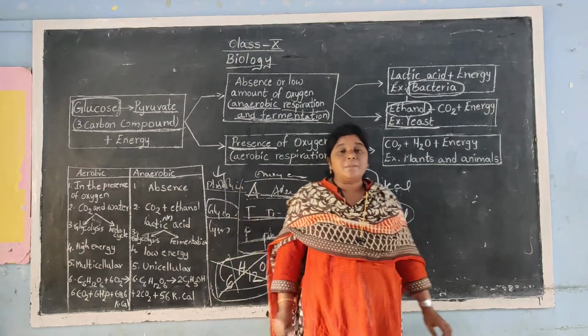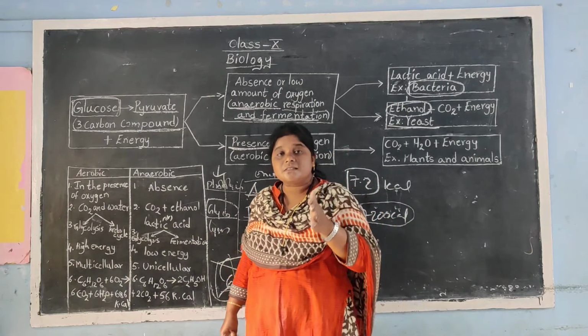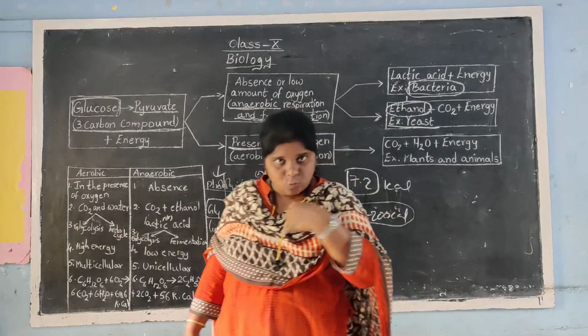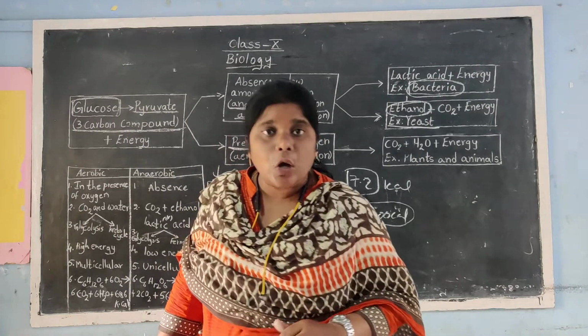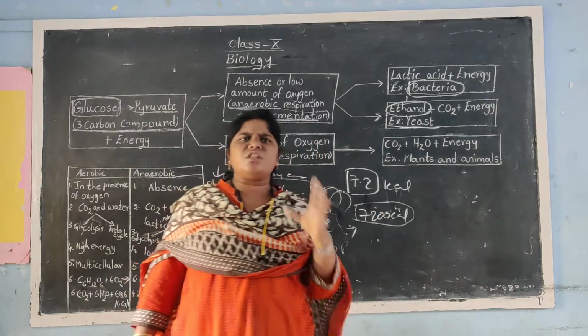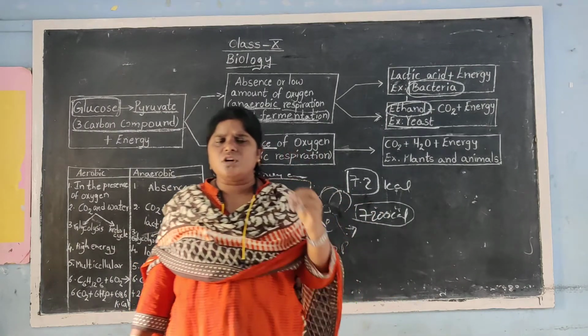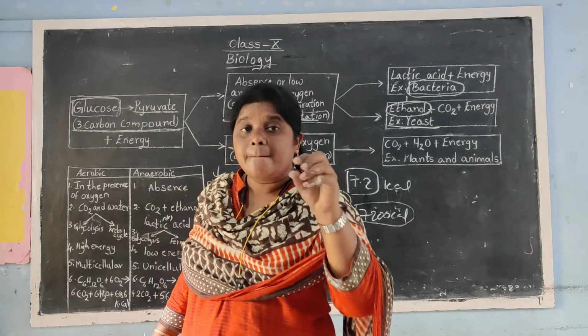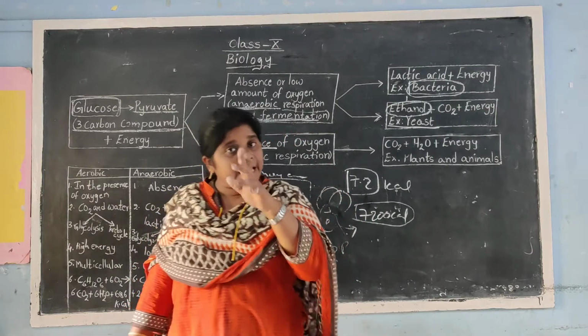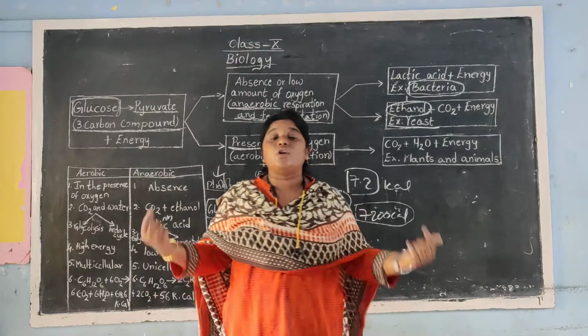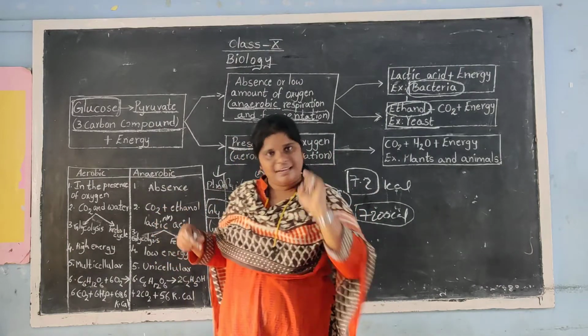But when you go to aerobic respiration, that means in the presence of oxygen, a good example is wheat, that is multicellular organisms. Almost all the birds, almost all the plants, almost all the animals come under the multicellular sector. Now as we are multicellular, we undergo which kind of respiration? Aerobic respiration.